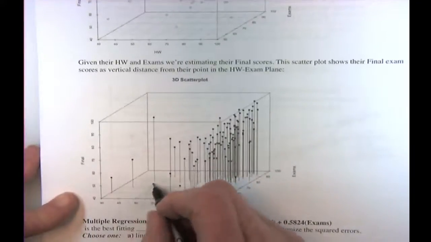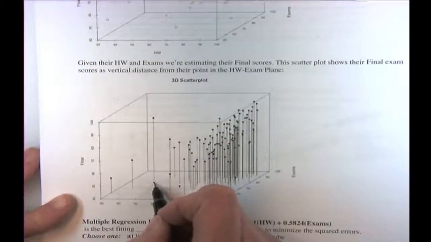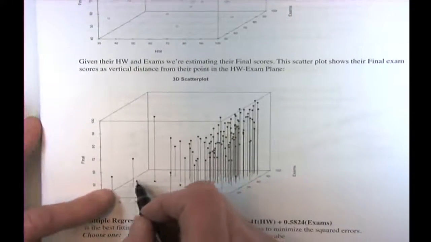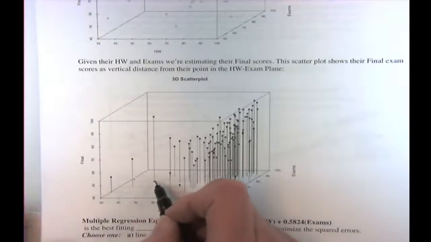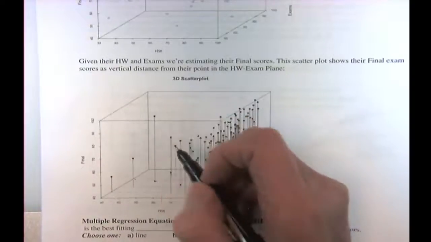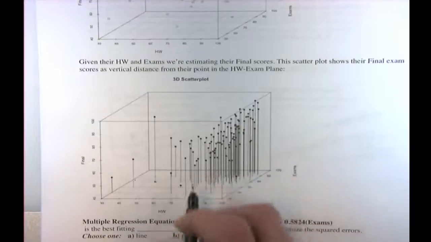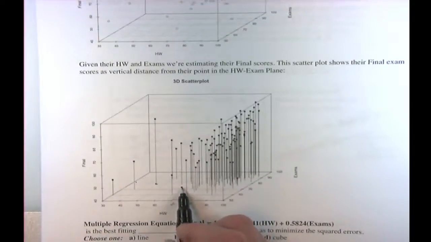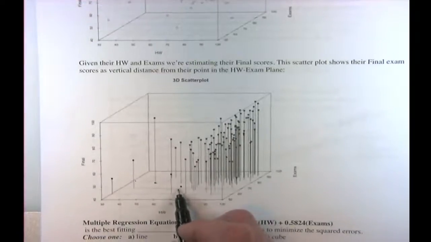Like a 40 on the homework and not very good here either. Well, not terrible on the exams. But he skyrocketed on his final. Whereas this person has a tiny, oh my gosh, terrible. This person has a 65 on his homework.